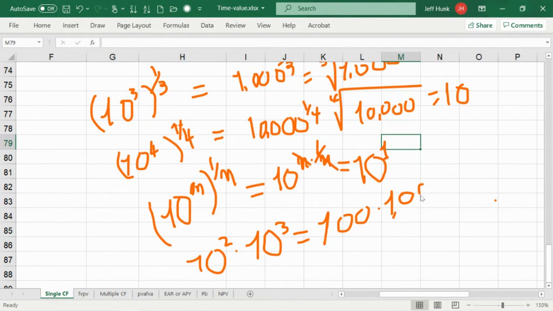100 times 1,000 is, what is it? Come on, isn't this 100 times 1,000? What does that mean? There are 100 of them. 100 of what? 100,000. Yeah, it's 100,000. Why is it so difficult?